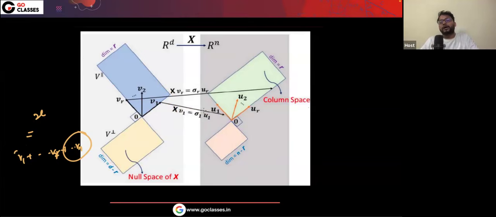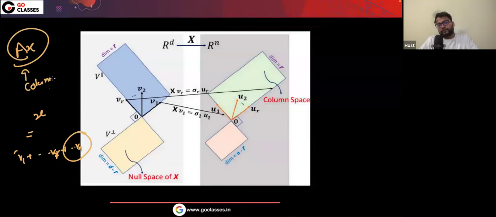You also know that u1 to ur are actually the basis of the column space. So this Ax must ultimately belong to the column space, right? Ultimately, you are getting into the column space.